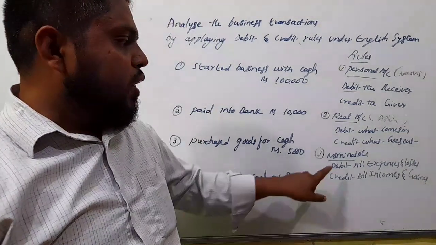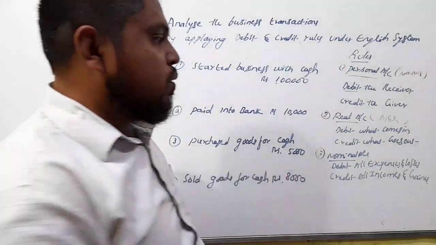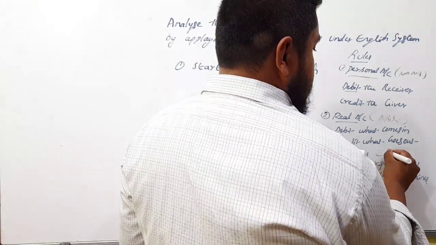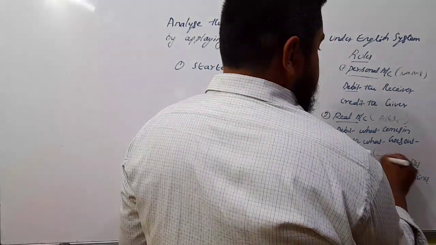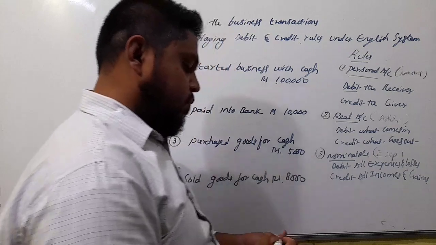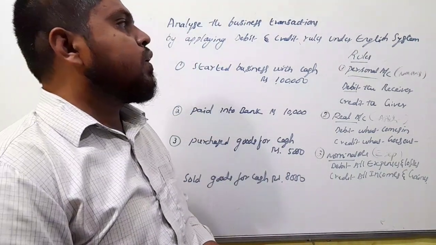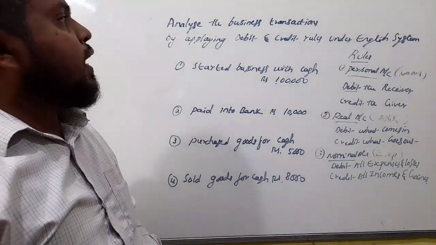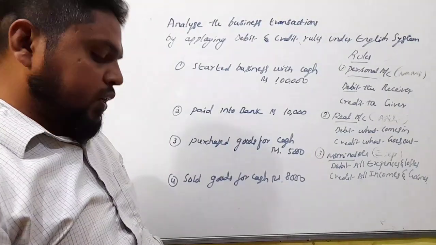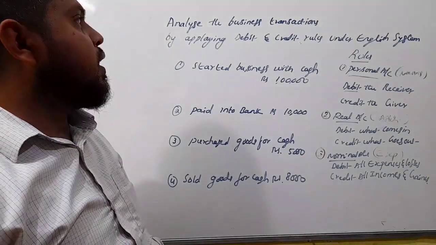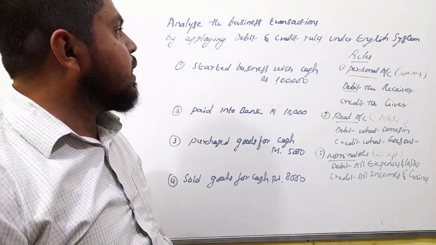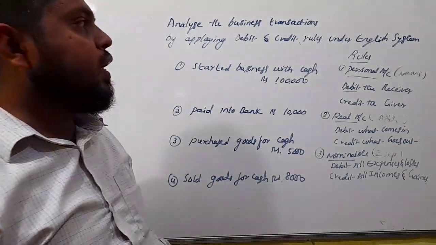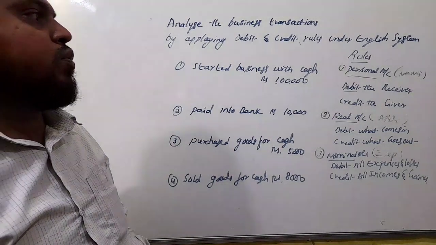And next, the nominal account is related to the expenses and losses, incomes and gains. Now, analyze the business transactions by applying debit and credit rules under the English system of accounting.